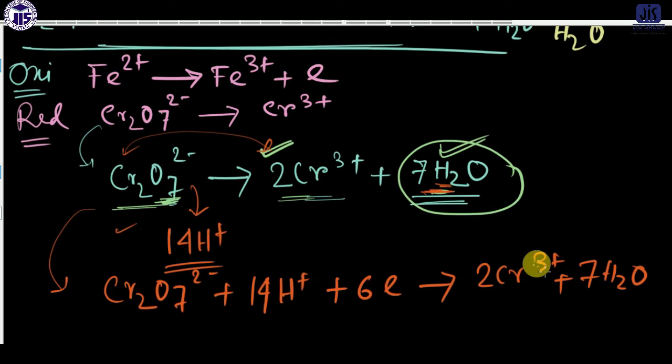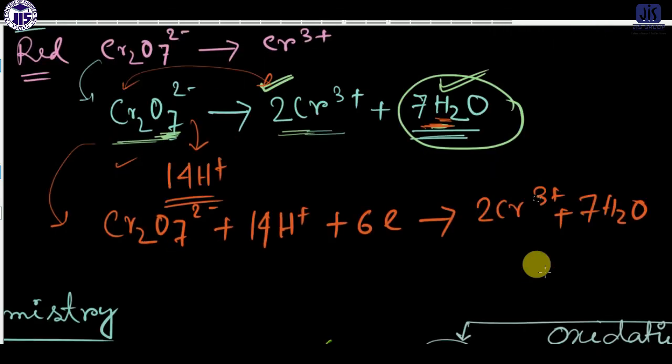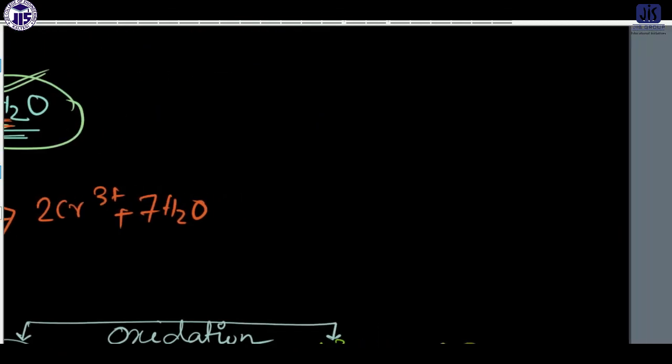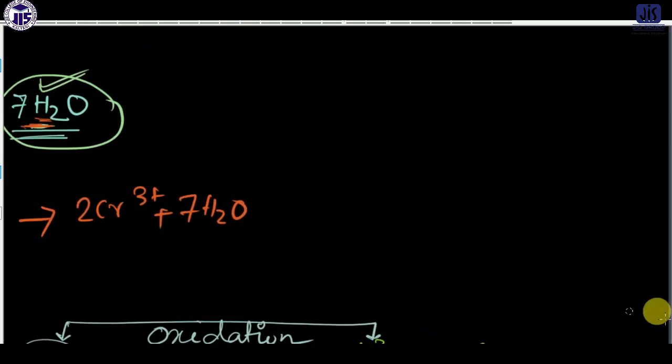For this purpose we have to write down both reactions. The oxidation reaction is Fe2 plus going to Fe3 plus plus e.